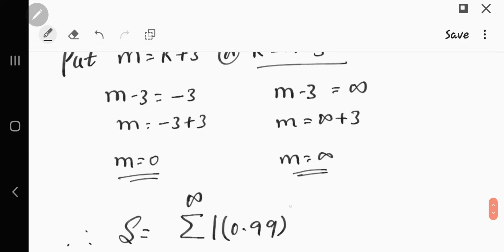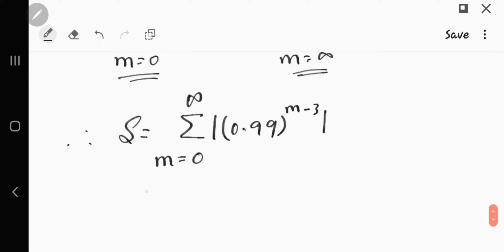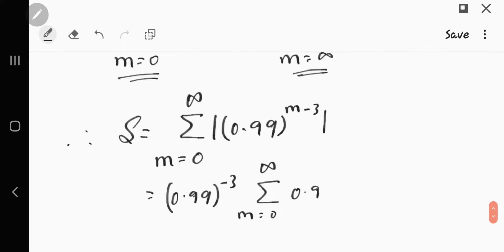So k I am replacing with m minus 3 here. Now let's simplify this. I will take this 0.99 to the power of minus 3 outside the summation, and I will be left with summation m is equal to 0 to infinity 0.99 to the power of m here.